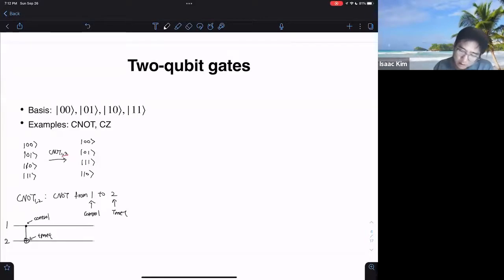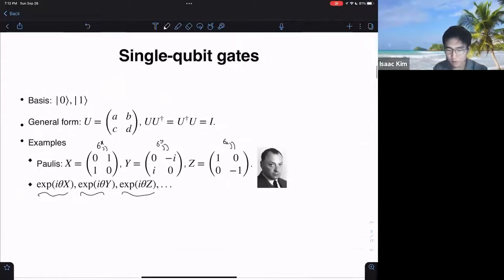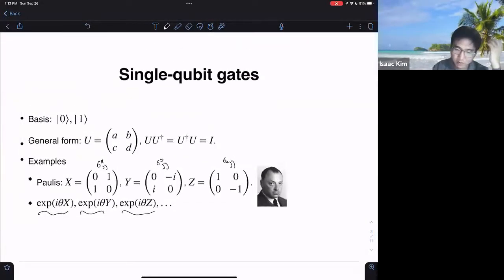Okay, and the CZ gate is very similar, except that you control on one of the qubits, and you don't apply a NOT operation. You apply a Pauli Z operation. So what is this Pauli Z operation? It's simply a phase operation. It's right here. So if your state is in the 0 state, you do nothing.